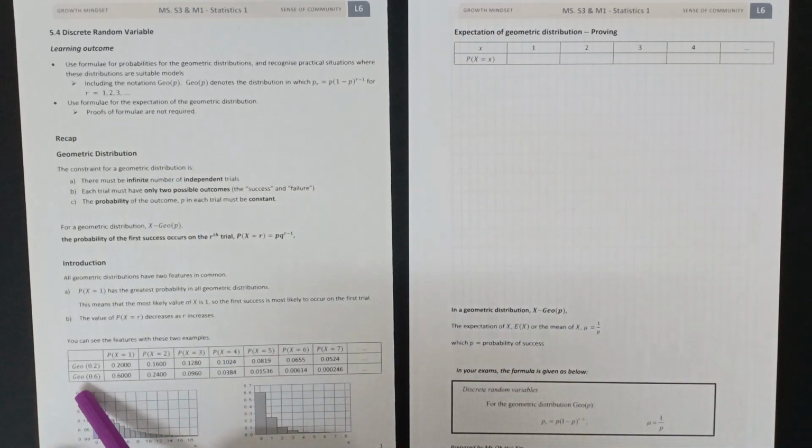Later when we prove the expectation, you will realize that we are touching on something called a geometric series or geometric sequence that you actually learned in progression, your GP, geometric progression. Going from the first success to the second success, you multiply by one failure, and from 2 to 3 you multiply by one failure again.